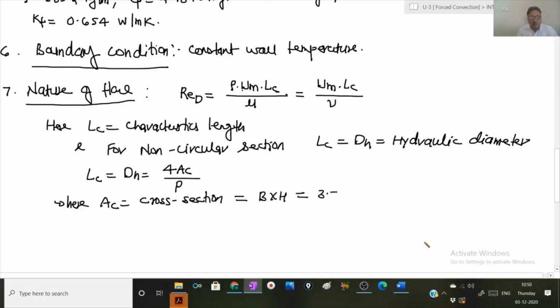So 3.5 into 1.5 into 10 to power minus 4. So this comes out 5.25 into 10 to power minus 4 meter square. And P is called as wetted perimeter.